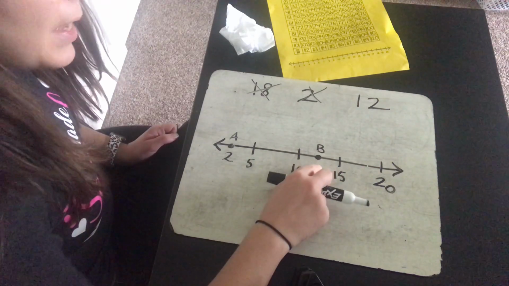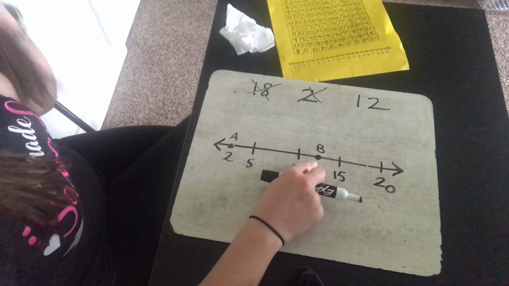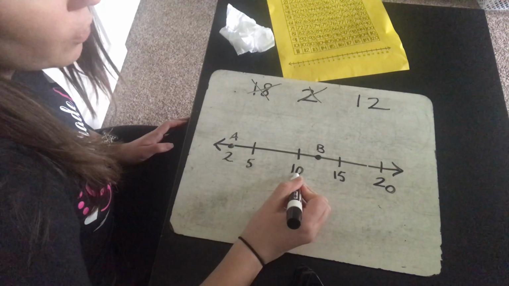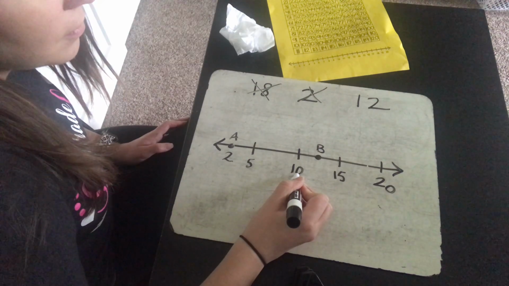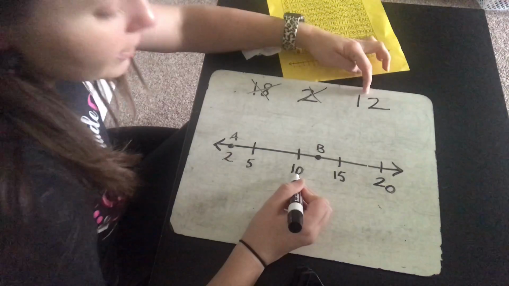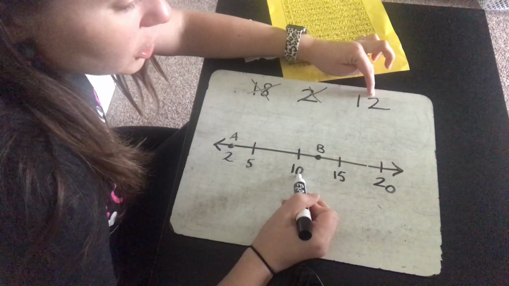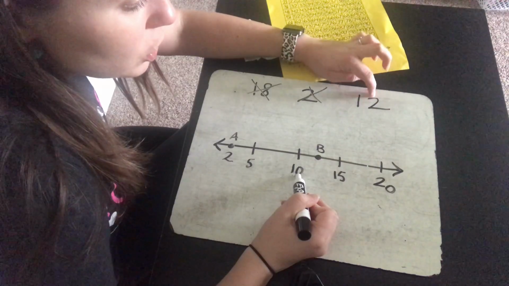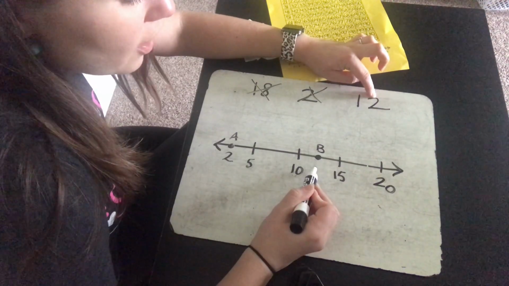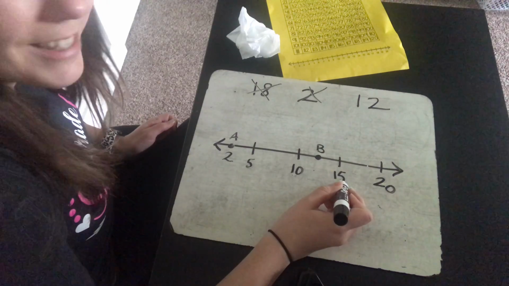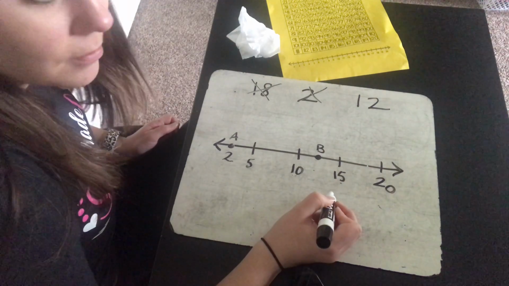All right, and B here, at B, would 12 make sense here? Is 12 greater than 10? Well, yes, because they do both have tens places, and in your ones place, you have a 0 and a 2. 2 is greater than 0, so 12 would be after 10. Is 12 less than 15?